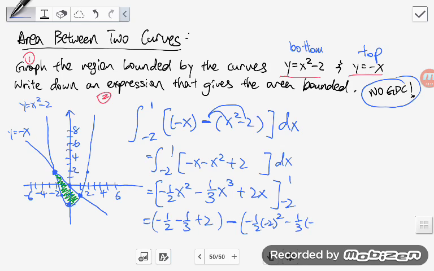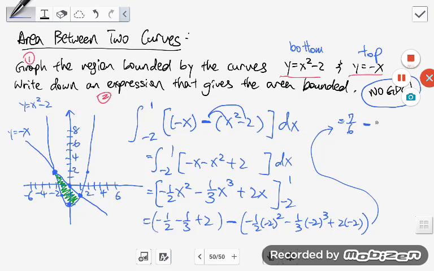Now I'm substituting the -2 in there. Okay, so let's bring this up here. Now -1/2 minus 1/3 plus 2, you can do this on scrap paper, that gives me 7 over 6, and then don't forget the minus.